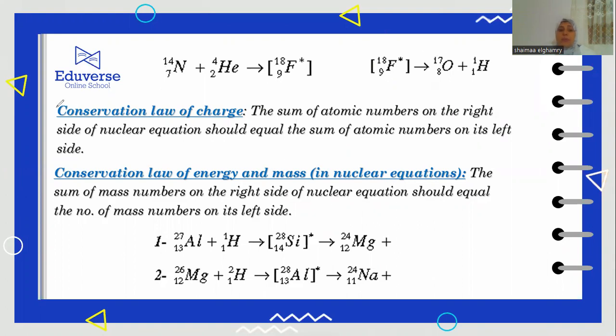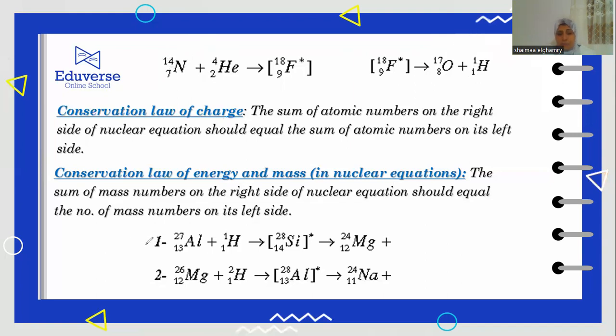If we apply the conservation law of charge, we add the atomic numbers for the reactants: 7 plus 2 gives 9, and the atomic numbers of the products, 8 plus 1, equal 9. And if we apply the conservation law of energy and mass, the sum of masses of the reactants, which is 18, should give the sum of masses of the products, which is also 18.